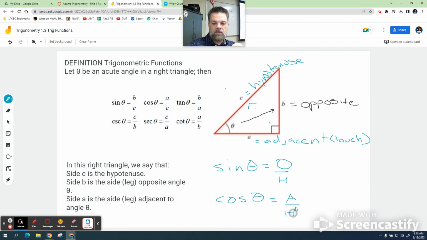That's an H. And then tangent is really the opposite over the adjacent. So that's where we get SOHCAHTOA from.